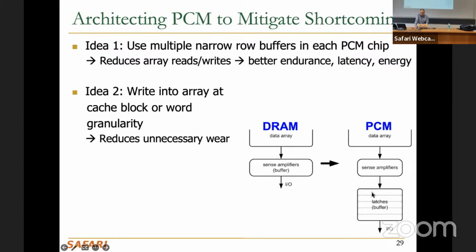You can have a smaller sense amplifier, and with that you gain some area budget, and you can use that area budget to add some latches, some buffers. With those latches and buffers, you can essentially hide latencies. So they can act as your cache, if you will. Make sense?